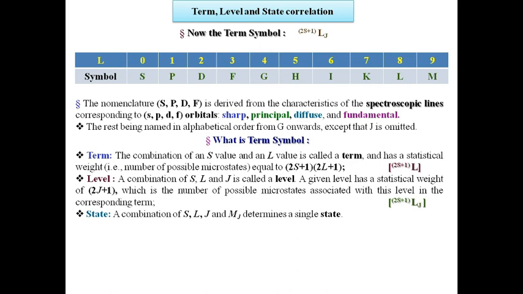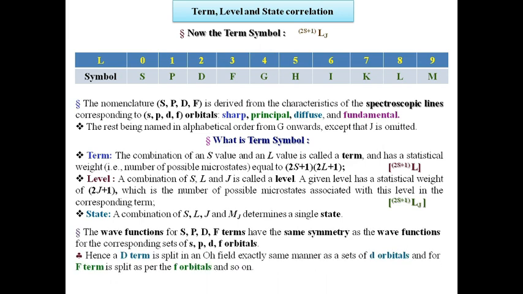Again, another interesting feature is that the wave functions for capital S, P, D, F terms have the same symmetry as the wave functions for the corresponding sets of s, p, d, f orbitals. Hence, a D term is split in an octahedral field exactly the same manner as the set of 5 d orbitals is split in an octahedral field, and an F term is split as per the f orbitals and so on.